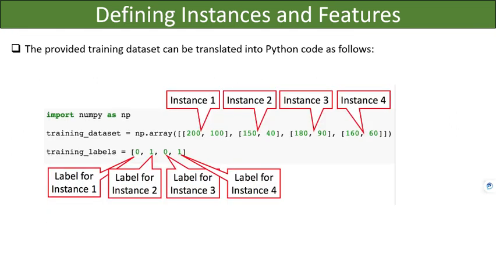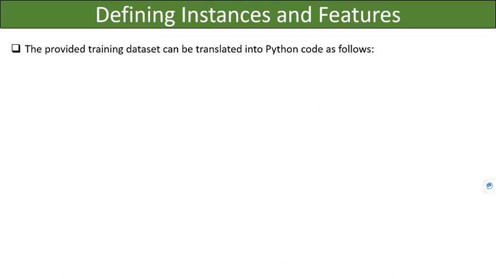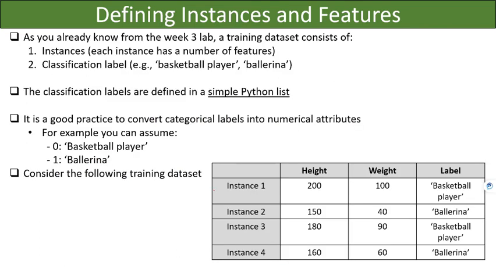To provide the Python code, as you can see in the previous slide, we have 4 instances. If you are using an array to represent this, it will be represented like 200, 100, then 150, 40.